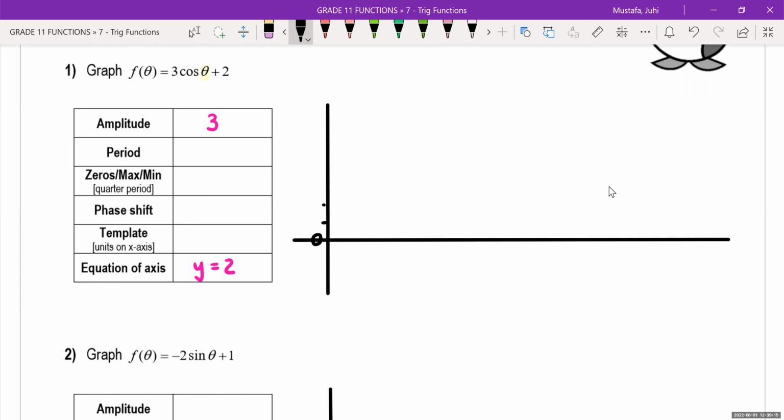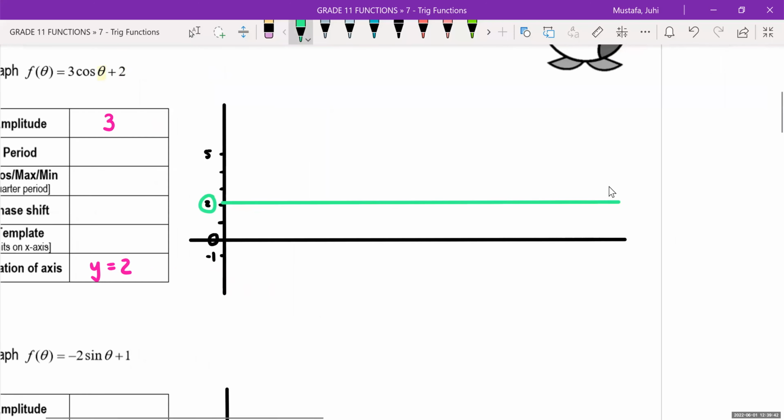So 1, 2, 3, 4, 5. Then I'm just going to make my equation of axis with a dashed line. And I'm just going to label it somewhere with y is equal to 2.